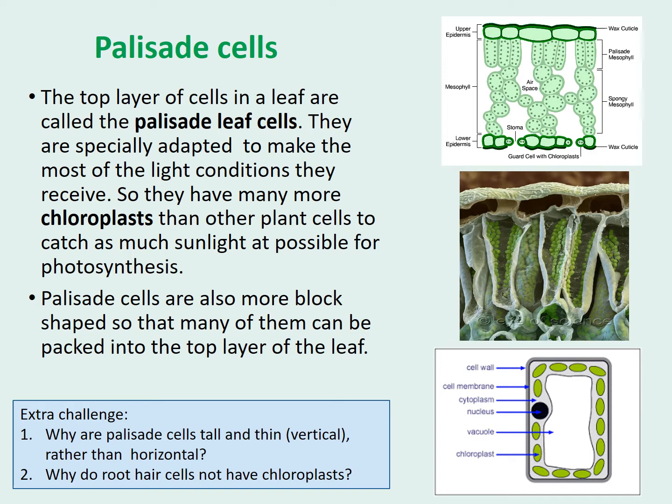The main function of a Palisade cell is photosynthesis. They're specially adapted for photosynthesis because they've got lots of chloroplasts, and they're also a more regular, rectangular shape, which means that you can get lots of them lined up towards the top of the leaf.